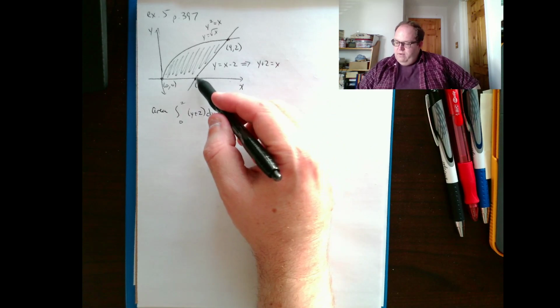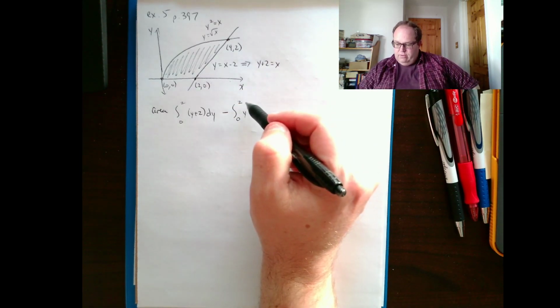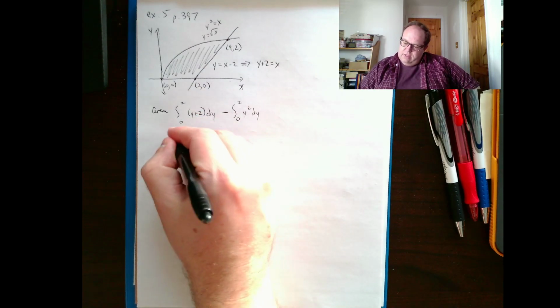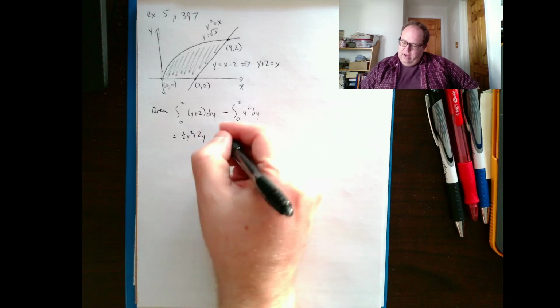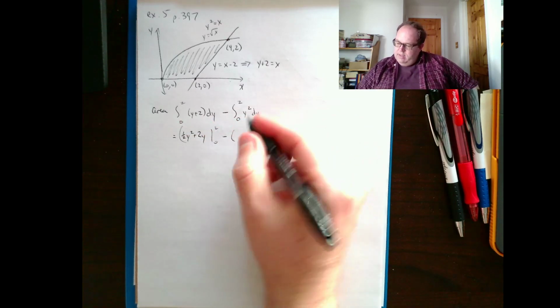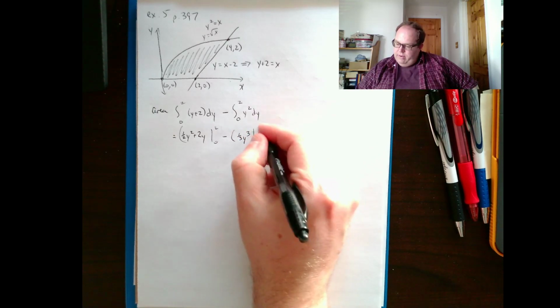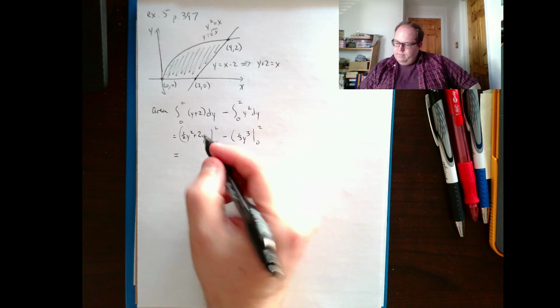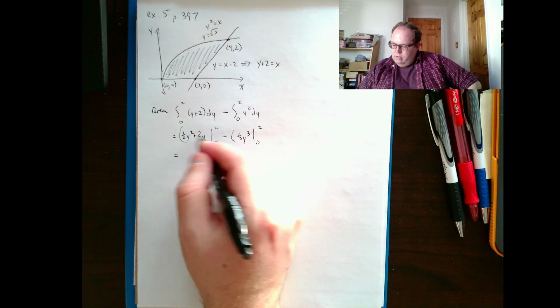Notice that the benefit of this is that I don't need to break the region up. I can just say that my area must work out to this. In the first case, the antiderivative is a half y squared plus 2y, evaluated between 0 and 2. In the second case, I end up with a third y cubed, evaluated between 0 and 2. 2 squared is 4, times a half is 2, 2 plus 4 is 6.